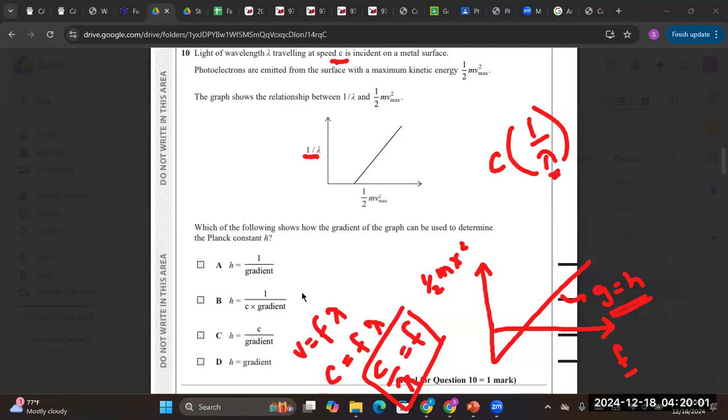Now over here, it's going to be opposite, right? How is it going to be opposite? Because kinetic energy is where?